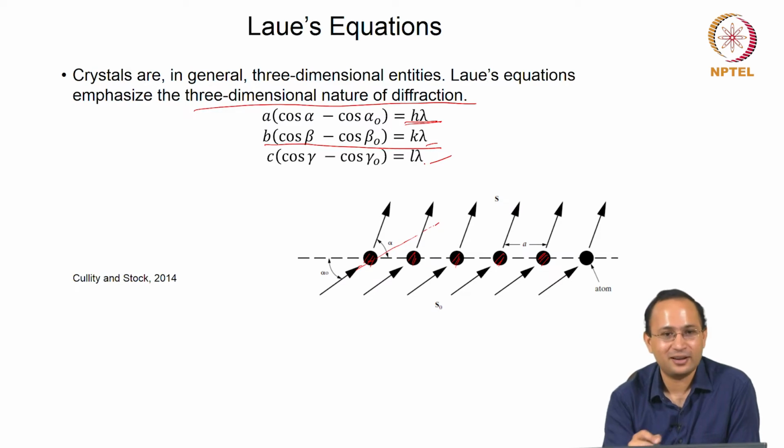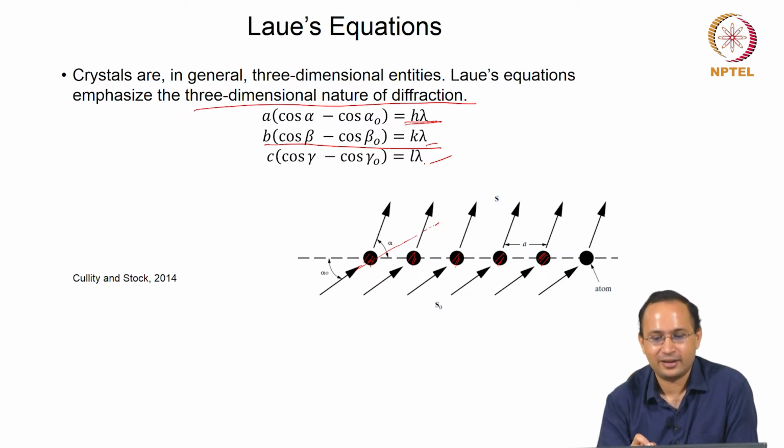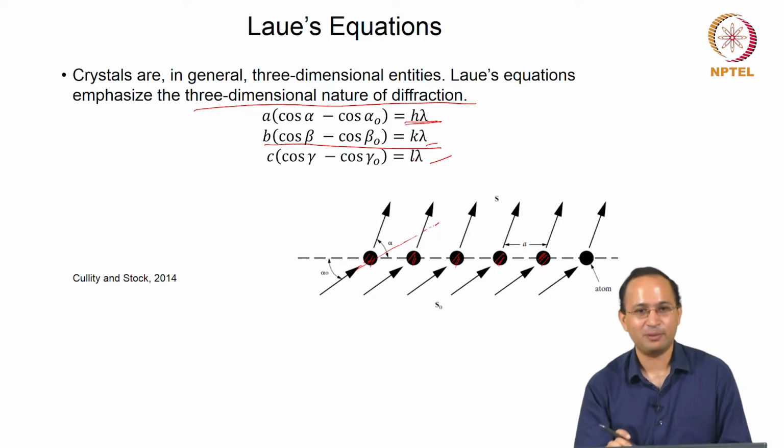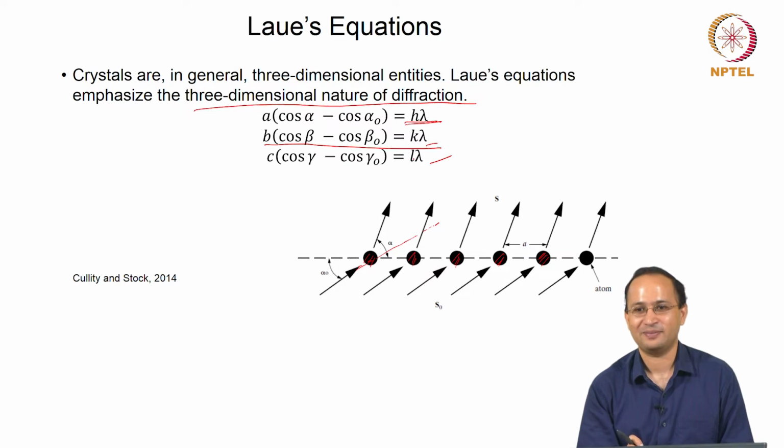These are the general equations written in 3 dimensions. So, all have to be satisfied if you want to see the diffraction, right, where h, k and l are integers obviously, because we are talking about the path difference. This is just to highlight the 3-dimensional nature, but for simplification Bragg's law is easy, it gives you a scalar quantity.